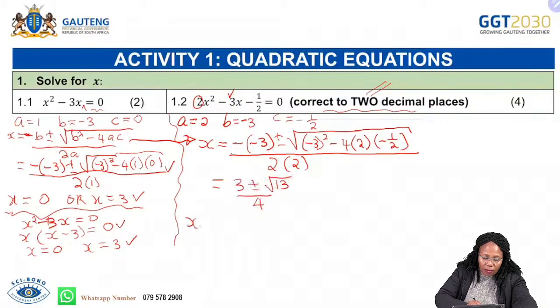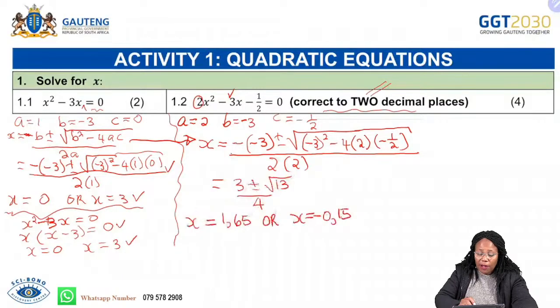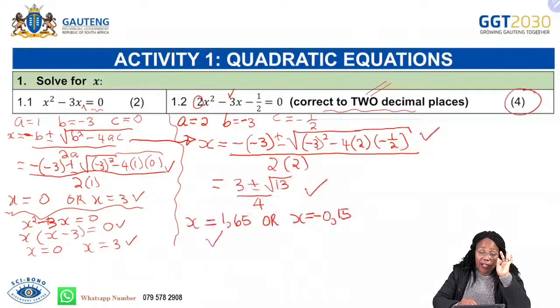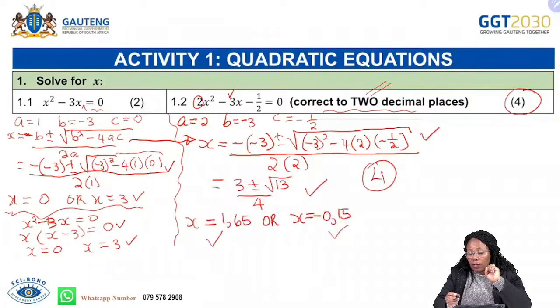And then now, in decimal form, it will be X equals 1,65 to 2 decimal places, or X will be equal to negative 0,15, grade 12. That is 1 mark for substituting correctly into the correct formula. If it is worth 4 marks, that means the examiner is also giving a mark for the surd form, and then for the first X value and for the next X value. Then this problem is worth 4 marks. Okay, grade 12.